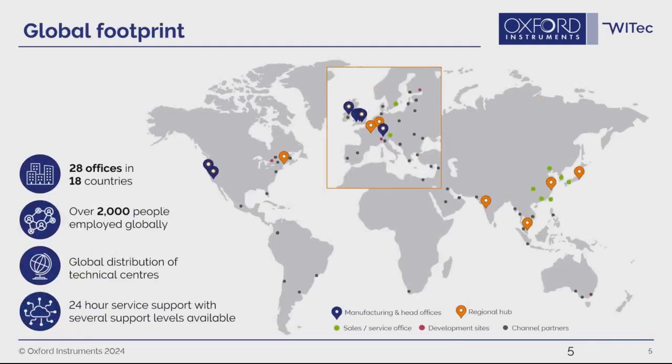To support our customers, we have 28 offices in 18 countries with over 2,000 people globally employed. So there is a global distribution of technical centers, and we provide 24-hour service support with several support levels available. As you can see on the world map, we have offices on every continent.